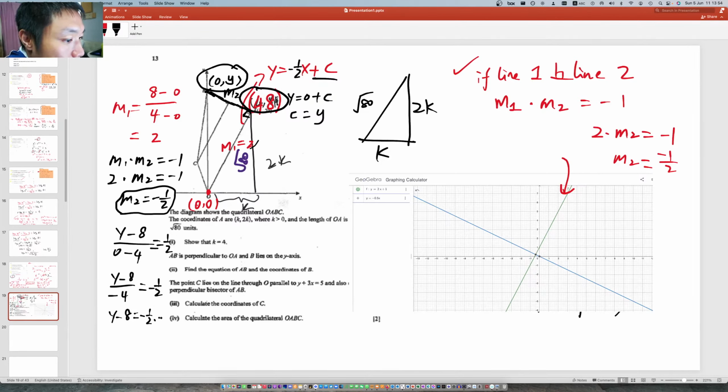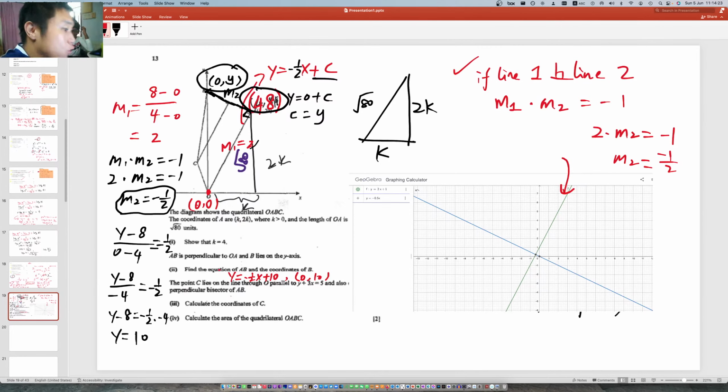This will give you negative 2, then 2 plus 8 is 10. So y equals 10. So the equation will be y equals negative half x plus 10. Then the coordinate is 0, 10.